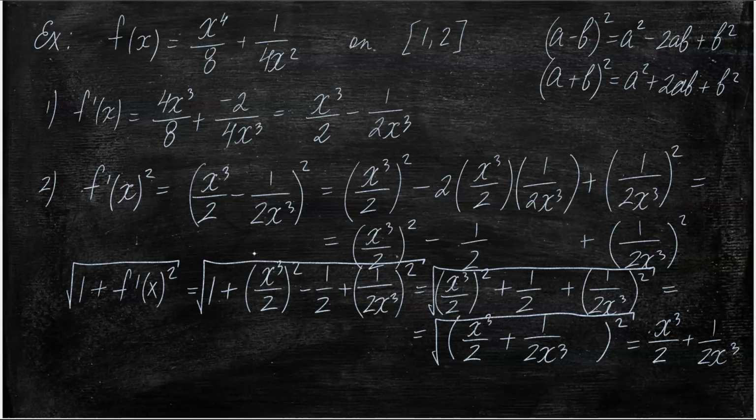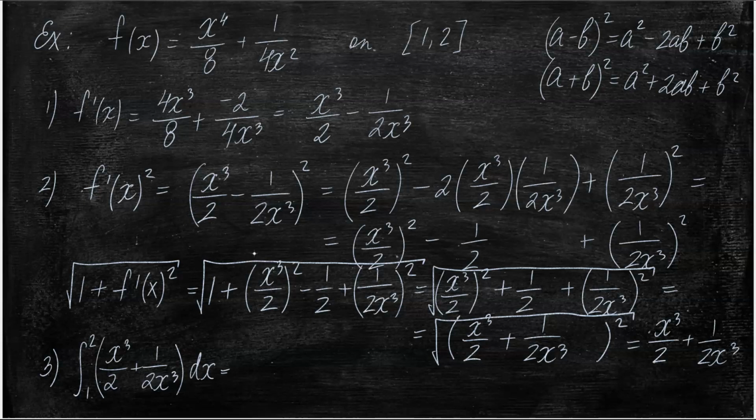So the whole idea here was to exploit this pattern, and once you do, you end up with a very simple integral from 1 to 2, and it's just a power function, which should be easy to integrate.